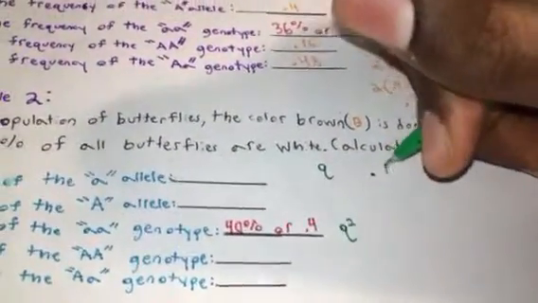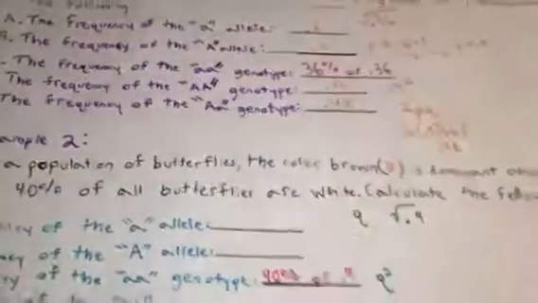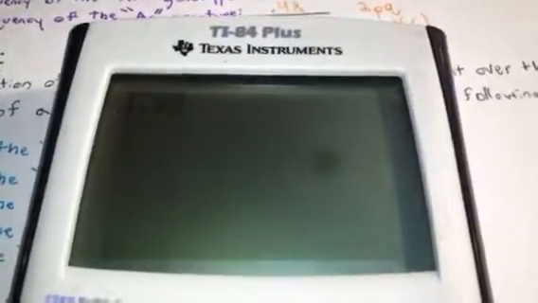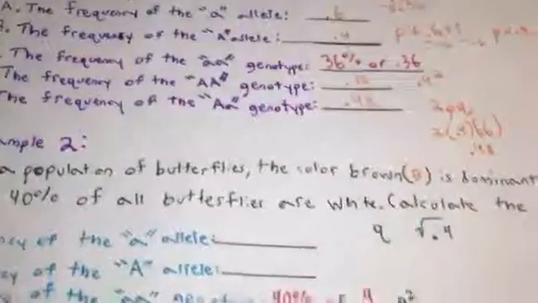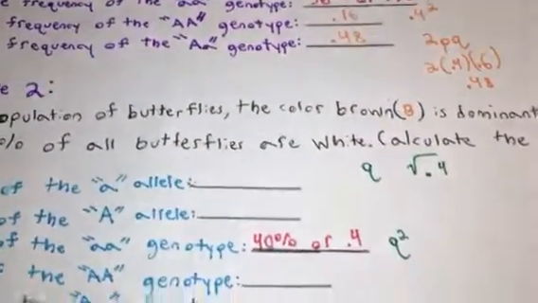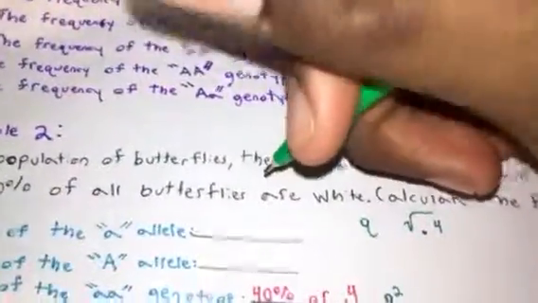So you type 0.4 into your calculator and take the square root. So this would be 0.632455. So you can easily round that to 0.63.